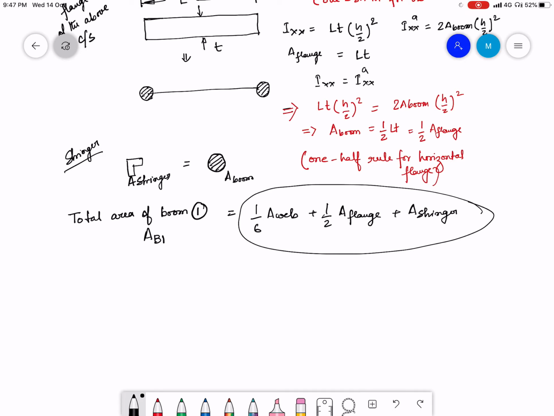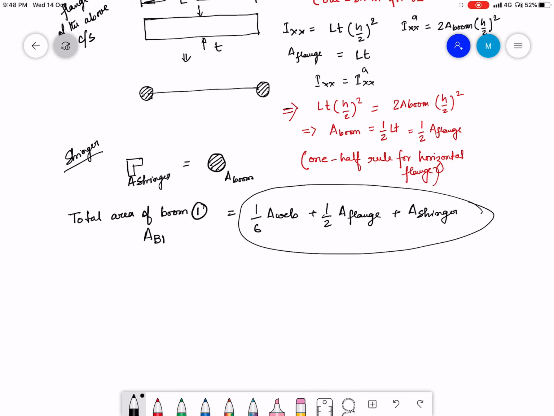So usually an engineer uses her discretion to find out the area of the boom, and she can adopt any of the methodologies which suits best for that aircraft component which is being analyzed.